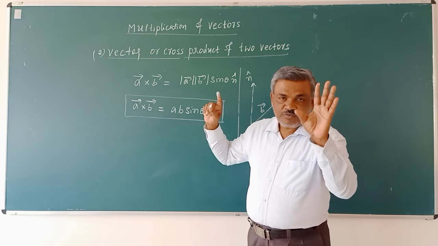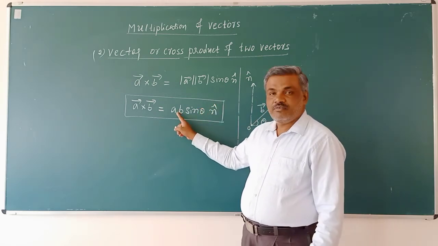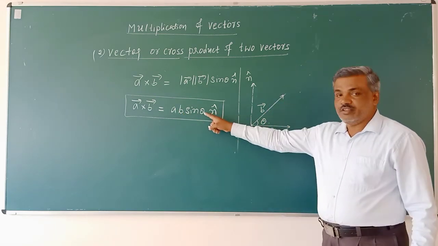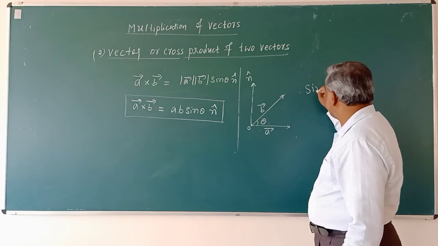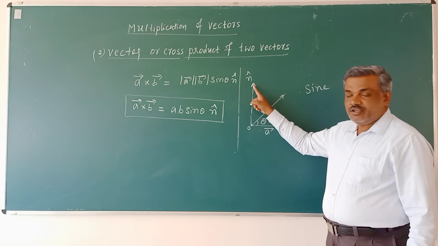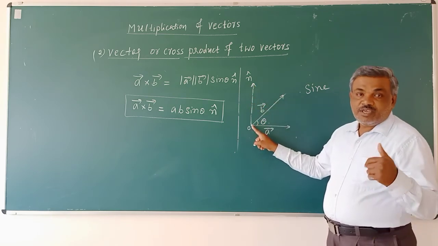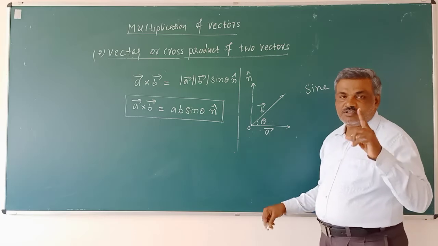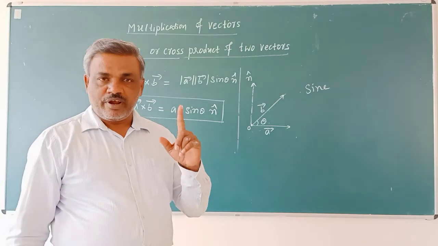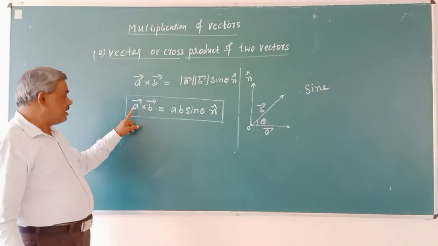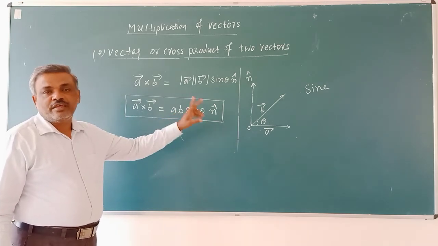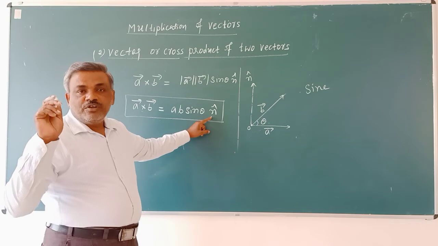The vector cross product of two vectors is the product of the magnitudes of the two vectors, the sine of the angle between the two vectors, and a unit vector perpendicular to the plane containing the two vectors. Now the mathematical formula: vector A cross B equals AB sin theta n cap, where n cap is a unit vector.